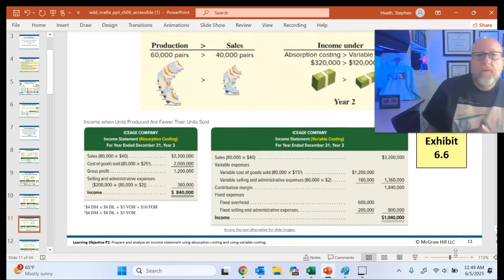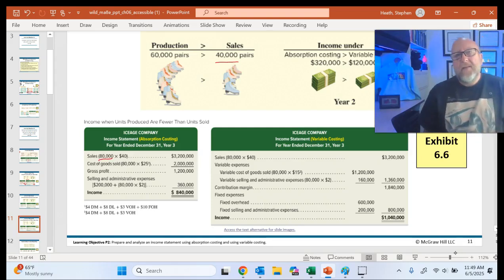Okay, so let's do absorption costing first. This is funny. They have the wrong assumptions in here. They're saying we are selling 40,000 pairs, and yet it says 80,000 there. This is all totally wrong.